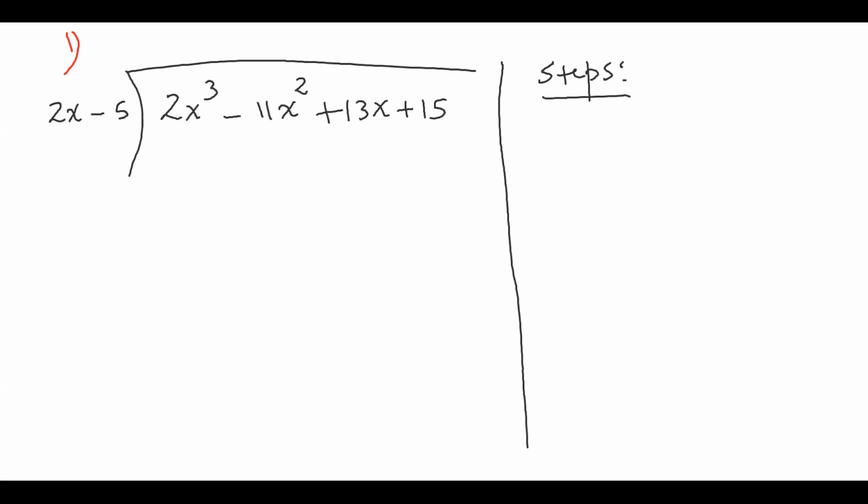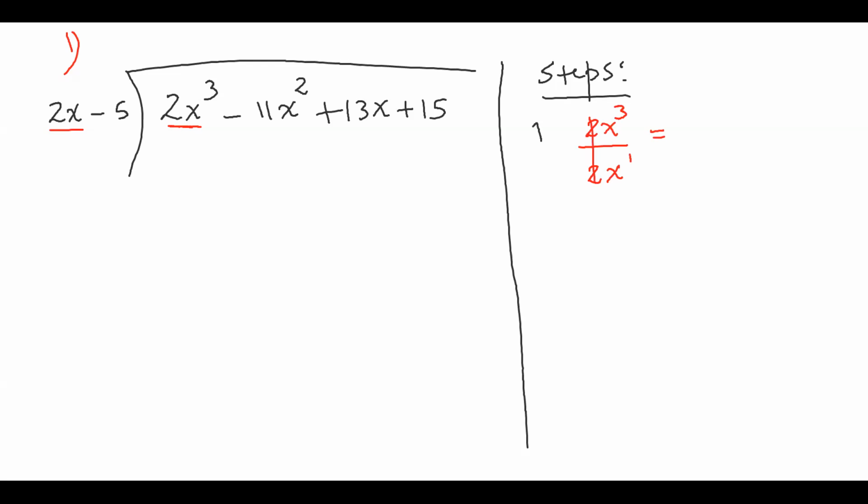Okay. So when you are doing the long division, step number 1 is you take the first term in the dividend and you divide that by the first term in the divisor. So these steps we are going to repeat again and again. So I'm going to write 2x to the third over 2x. So what do we get? 2 cancels out.